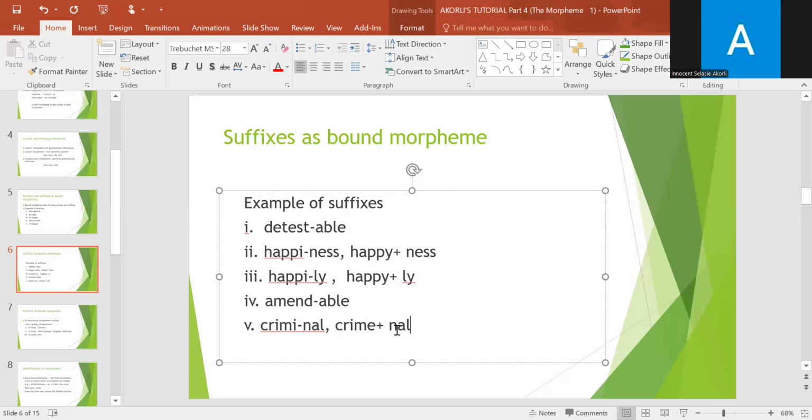See, when you have crime plus al, when you want to form criminal, we don't maintain the e. We don't maintain the e, we introduce i. That's a change. But if you have a word criminal, you're supposed to break it down into the various components. Remember that it should be crime plus al, not crimi plus al. Crime plus al.